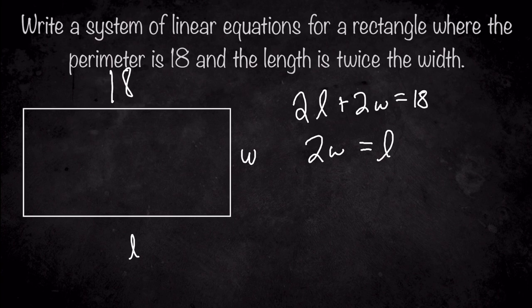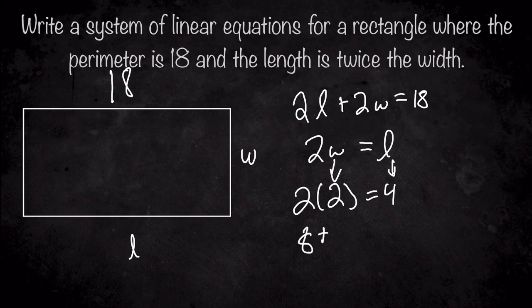Now, to find the solution, we need to find something that works with both of the equations. So, for example, we could have a width of 2, which makes the length 4, right? But if we put that in this equation here, that would be 8 plus 4, which equals 12, which does not equal 18.